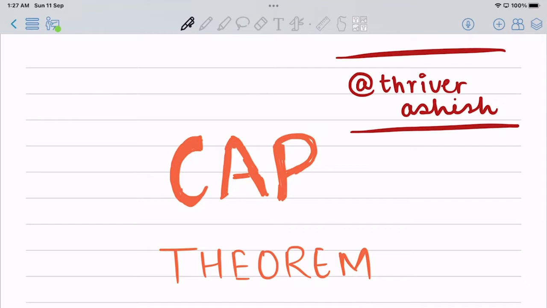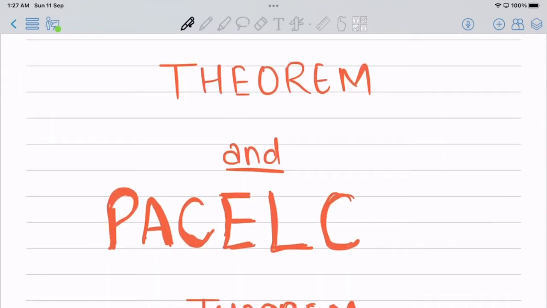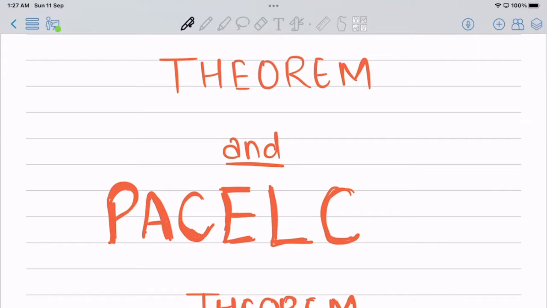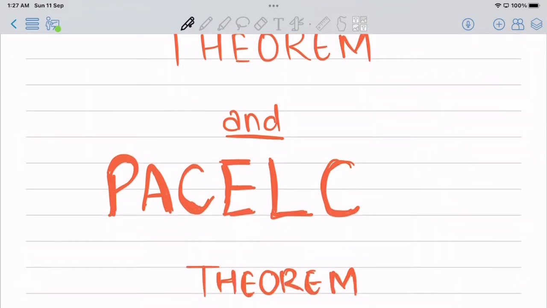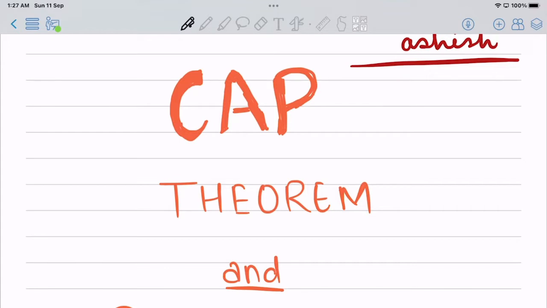In it we'll be studying CAP theorem, and along with the CAP theorem there is one more theorem which is called PACELC theorem. I don't know if there is an exact way to pronounce that, but this theorem, if you have not heard of it, is basically an extension of CAP theorem. So we'll cover both theorems since we are working on system design of distributed systems.